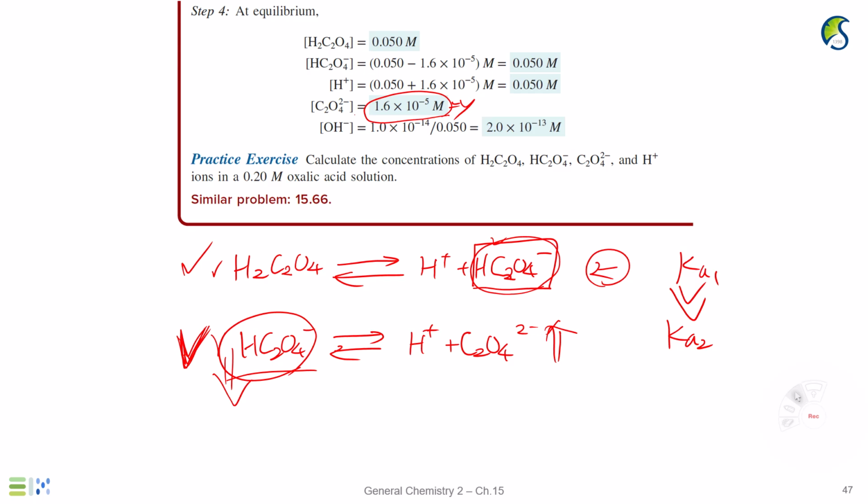So to be more precise, the concentration of this HC2O4 minus would be the initial amount minus y, right? But this value is very, very small, less than 1%. So you can just write down the answer as this value. Okay.